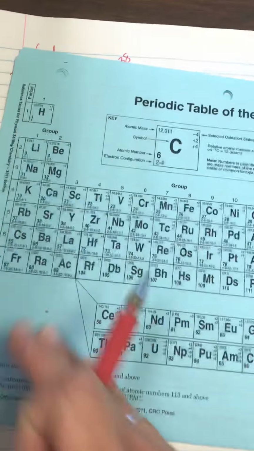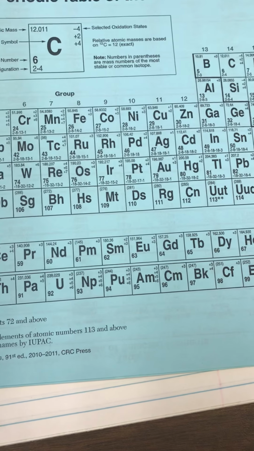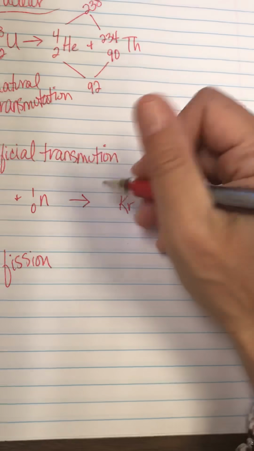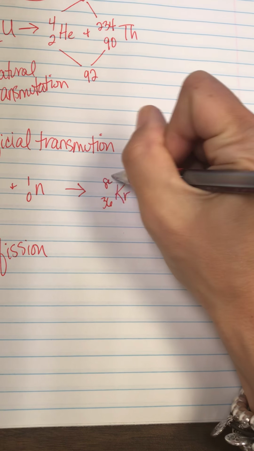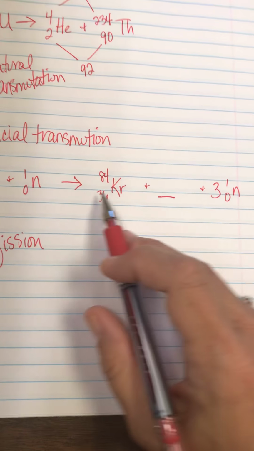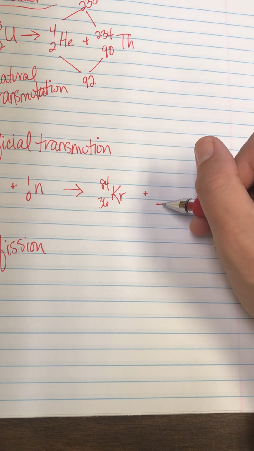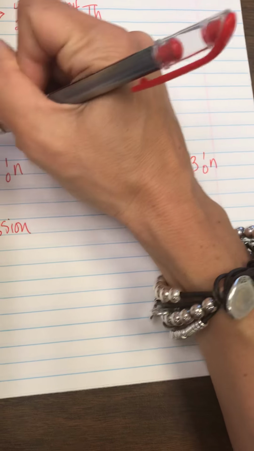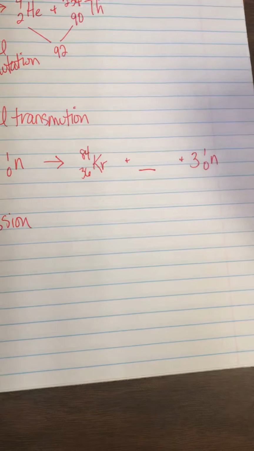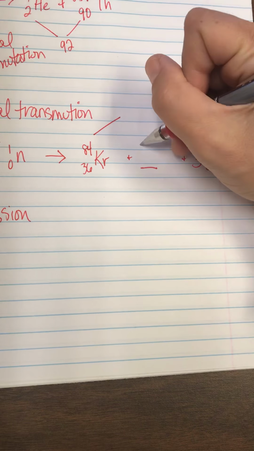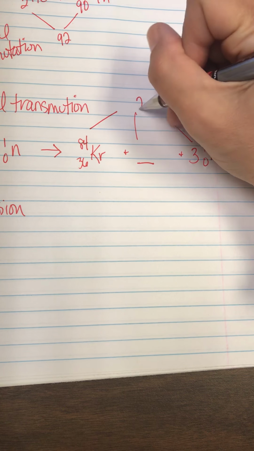First of all, Kr. You look it up. It is element 36, and let's say it has a mass of 84. Now I need to figure out what this is. 238 and 1 is 239, so I need this and this and this to add up to 239.